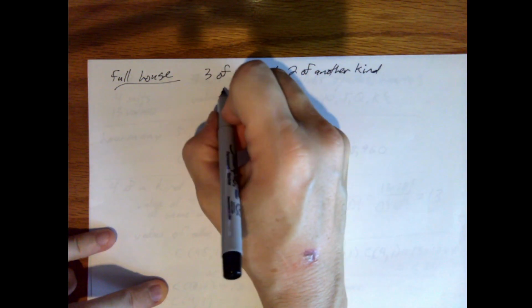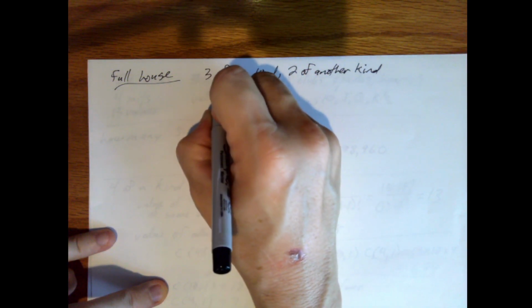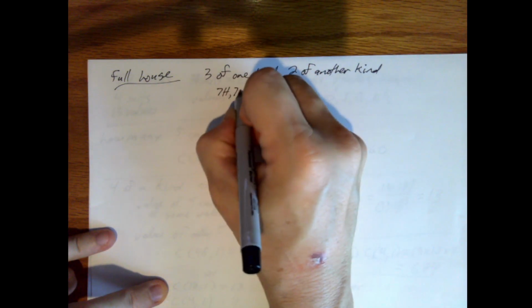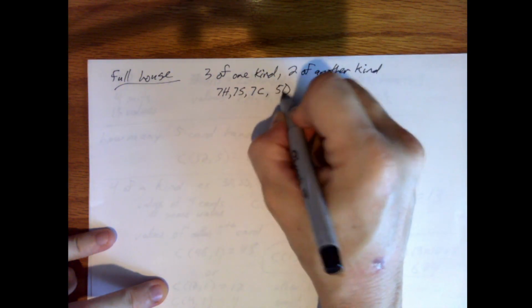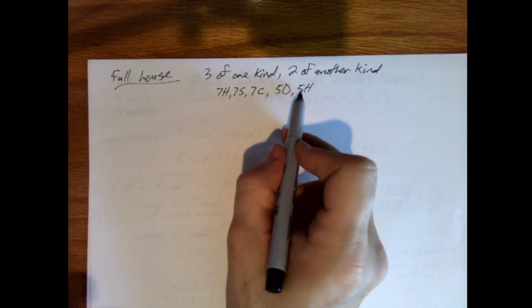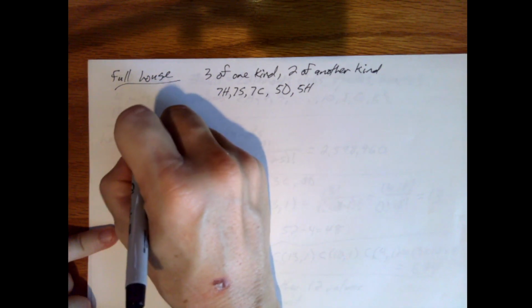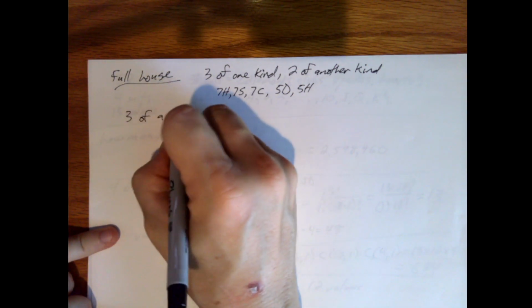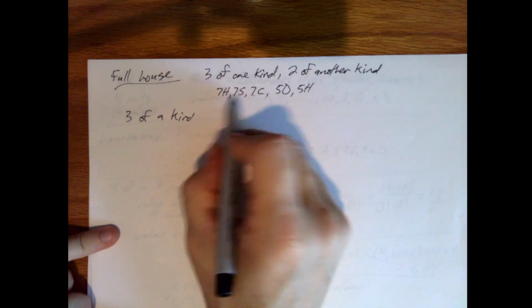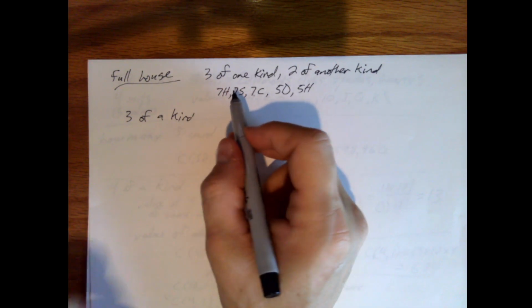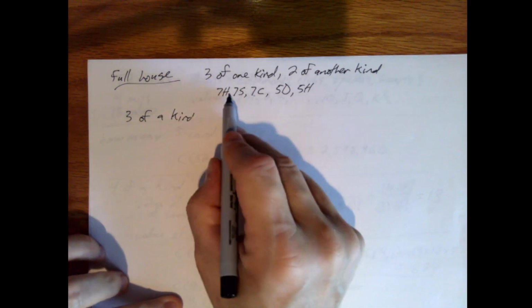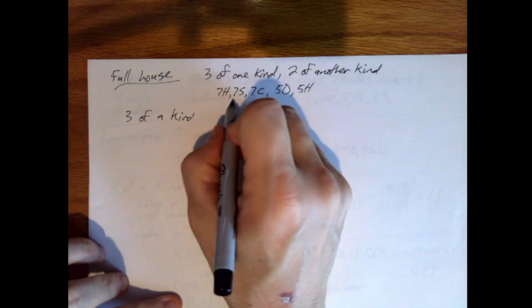So we might have 7 of hearts, 7 of spades, 7 of clubs, 5 of diamonds, 5 of hearts. So 3 of these, 2 of these. So we have 3 of a kind. Out of the possibilities, we have 13 different possibilities for these.